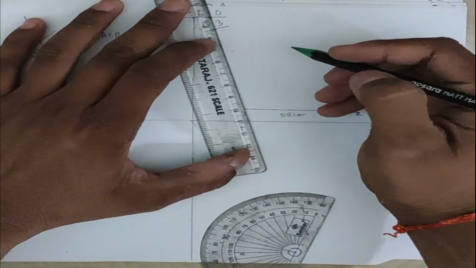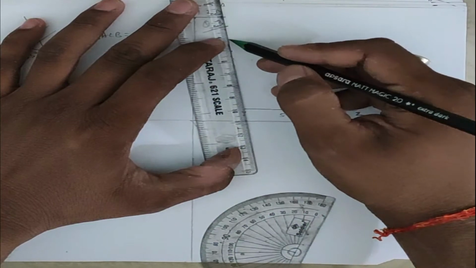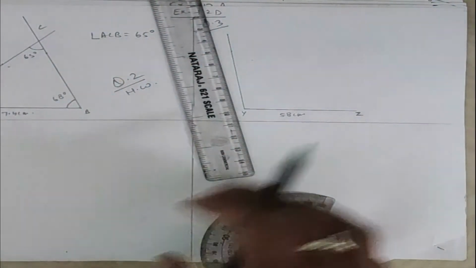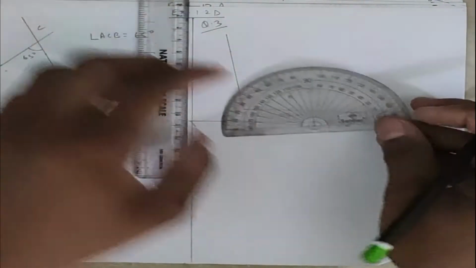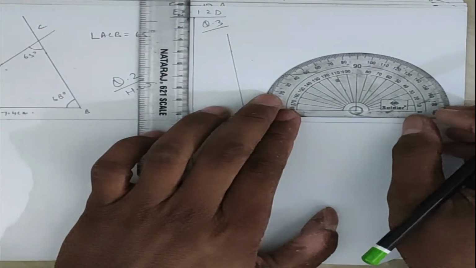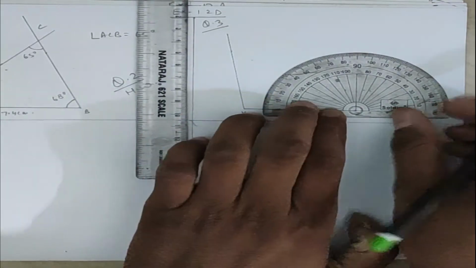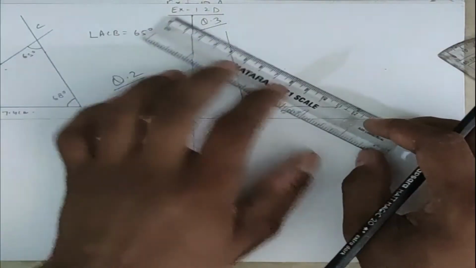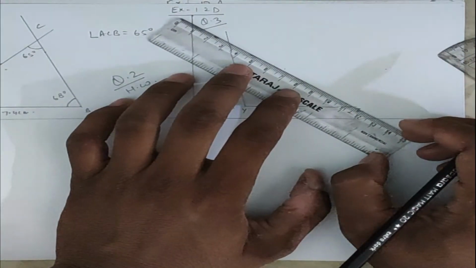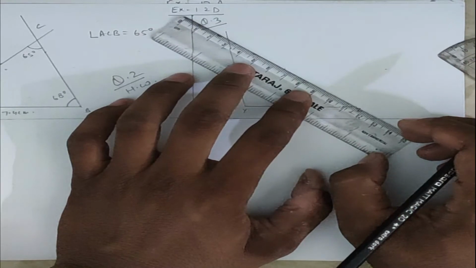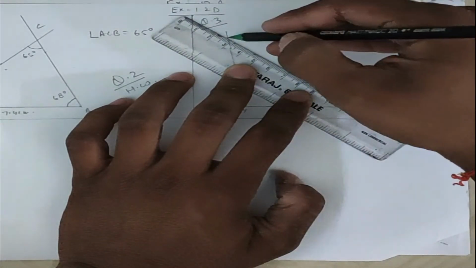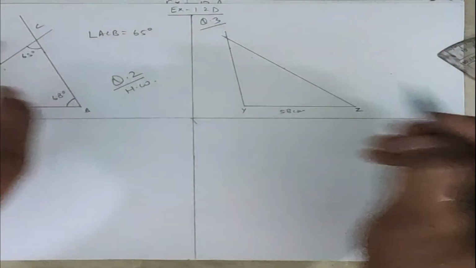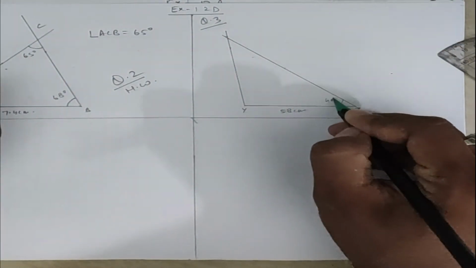Now angle Z is 40 degree. 40 degree means here. Now that is angle Z. Okay, 40 degree.